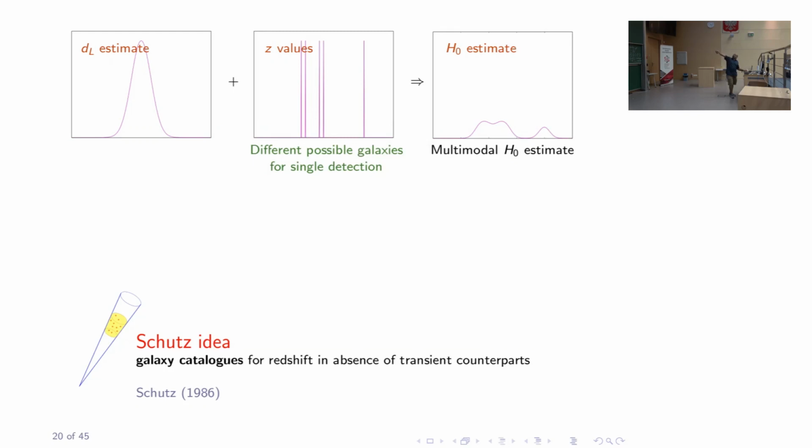So instead of one sharp redshift, one now has 5 different redshifts in the cartoon animation. What would happen if one takes these 5 different redshift values and convolves that with the distance estimate? One would obtain not a unimodal H0, but a multimodal estimate, and some of the peaks might fuse together, as it is in this case.